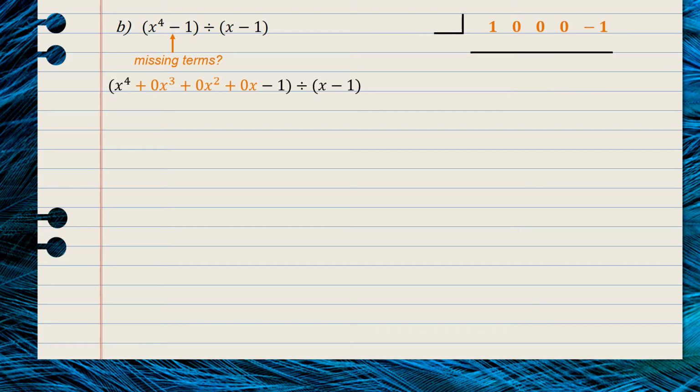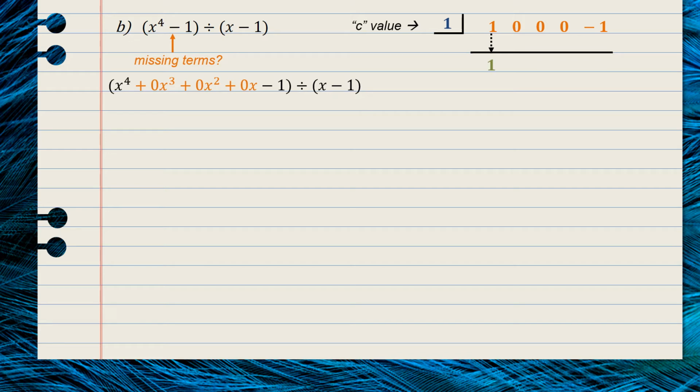Now it's time to identify our c value from the divisor. Looking at x minus 1, what would be the 0? Well, that would be 1. Now that your synthetic is set up, let's perform the steps. First, the first value must be brought down, which would give us a 1.